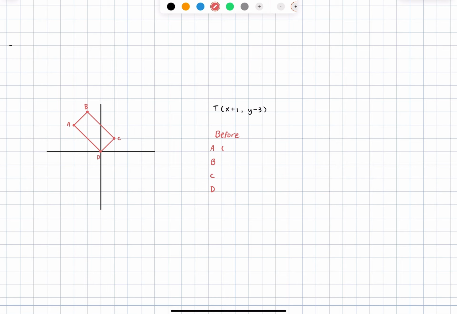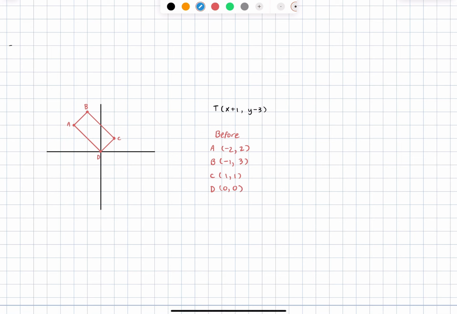So we have A at -2, 2. And we have B of -1, 3. And then C 1, 1. And finally D 0, 0.